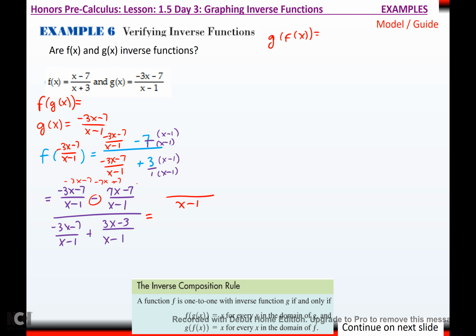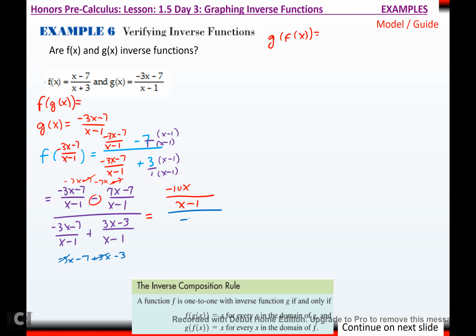So that's going to give me negative 10x, and the 7's cancel. So I get negative 10x over x minus 1, that's on top. On bottom, this is going to give me negative 3x minus 7 plus 3x minus 3.